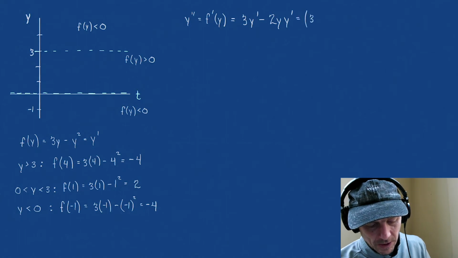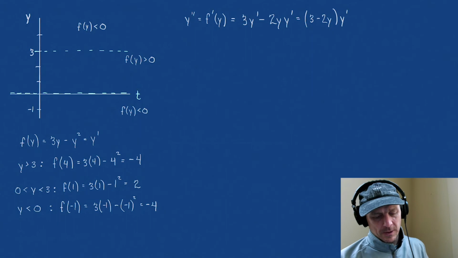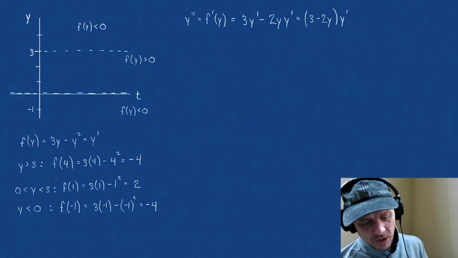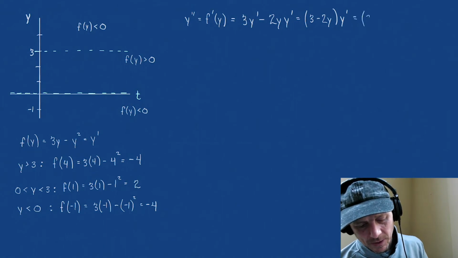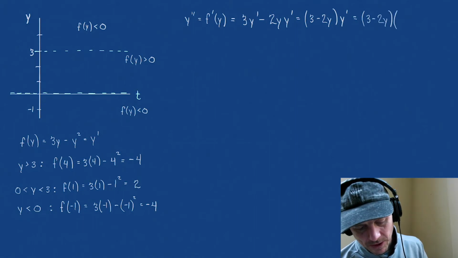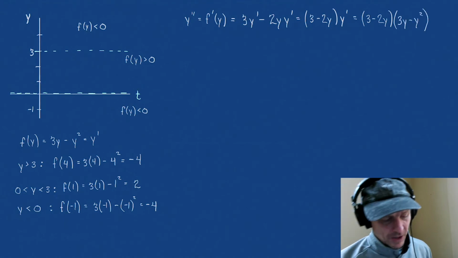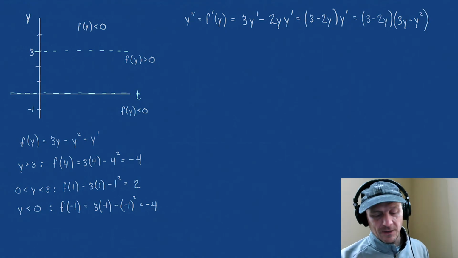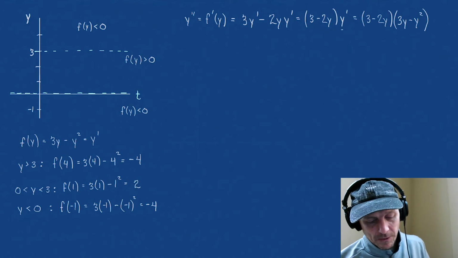So now I have 3 minus 2y times y prime. Okay, I think we got that then. That should be enough information. We could write it this way, 3 minus 2y times y prime, which is 3y minus y squared. But if we have to use values we've already calculated, like if we use a 4, a 1, or a -1, we already know those values for y prime.